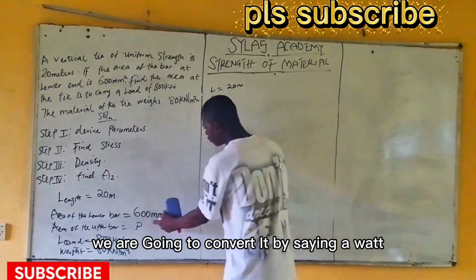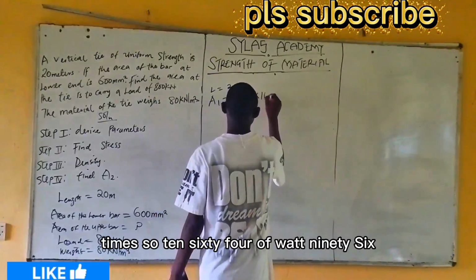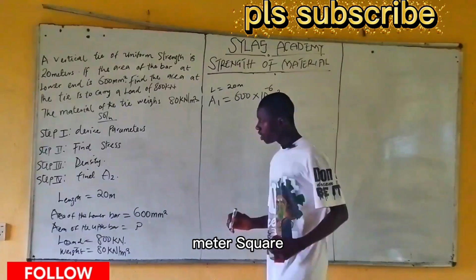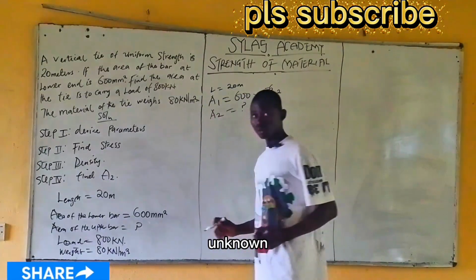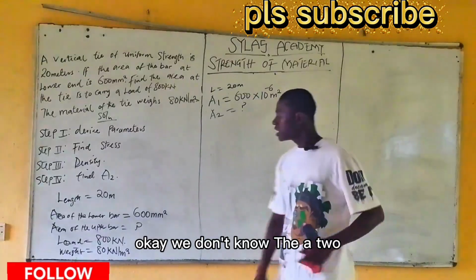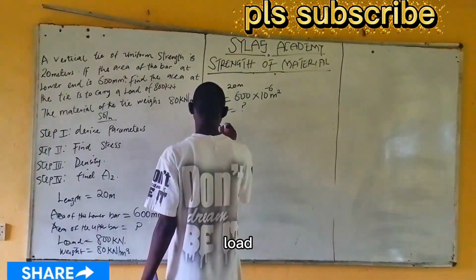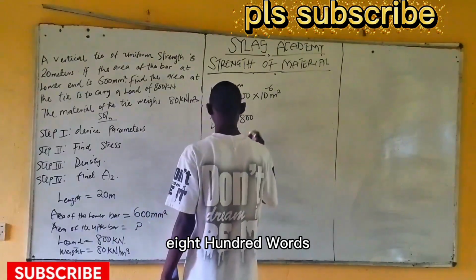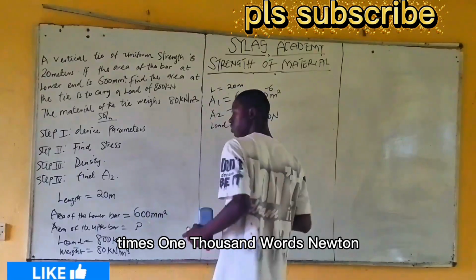Converting this one, I'm going to say 600 times 10 raised to the power of negative 6 meter square. The A2 is unknown. We don't know the A2. Then the load is equal to 800 times 1000 Newton.